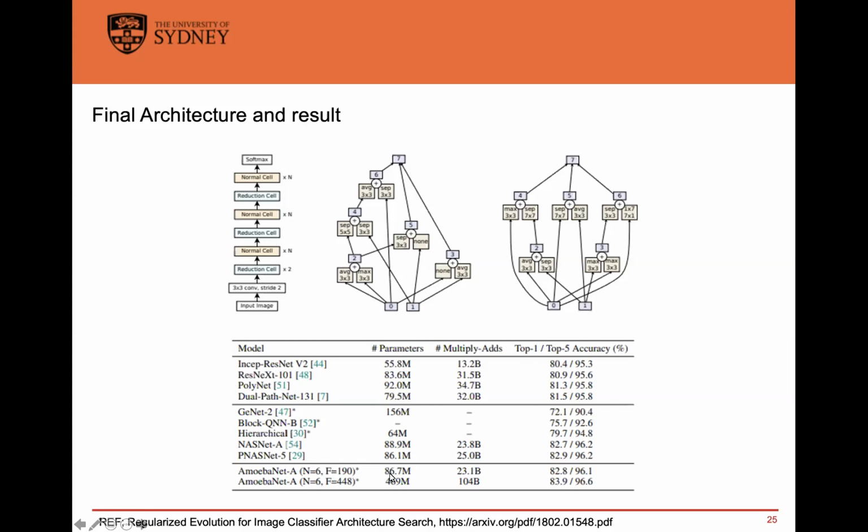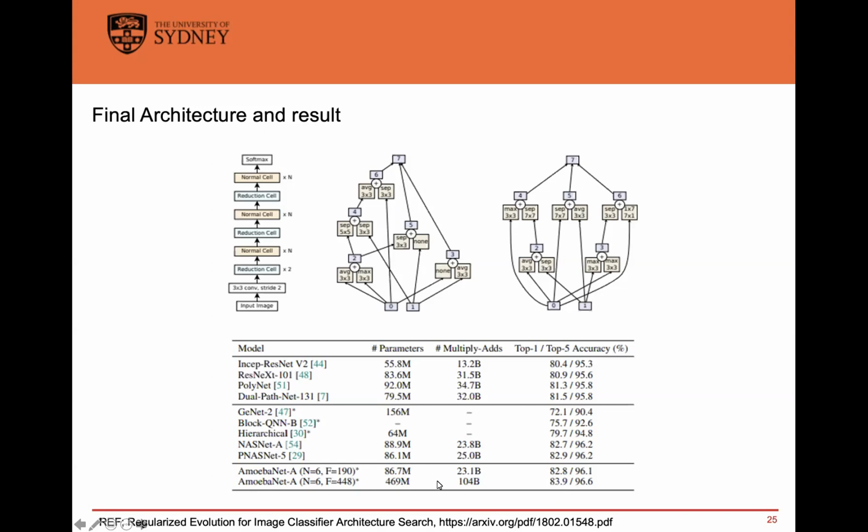That's their aging evolution search algorithm. And the performance is actually quite similar, if not better. But we can see that there's a reduction in terms of the operations as well as the parameters.